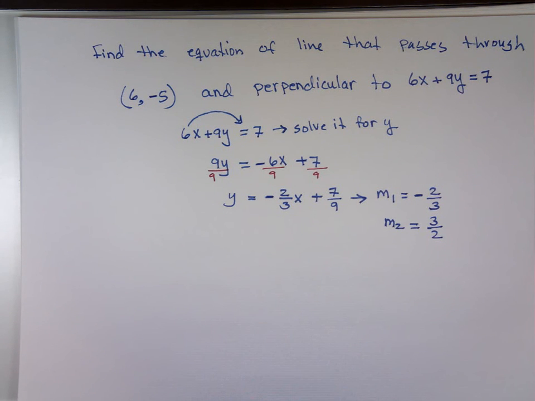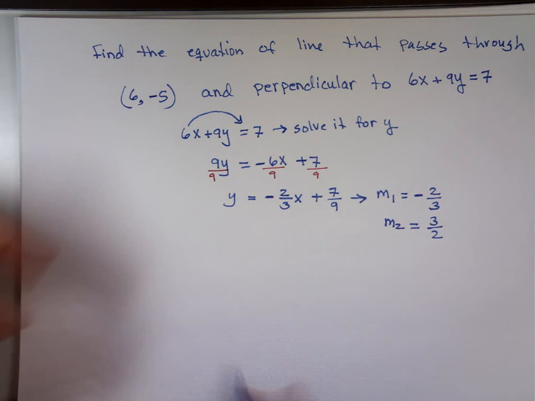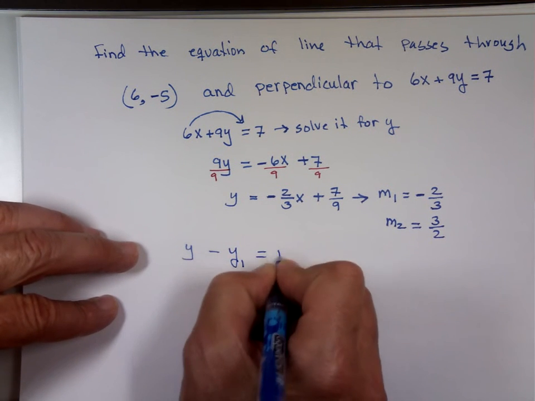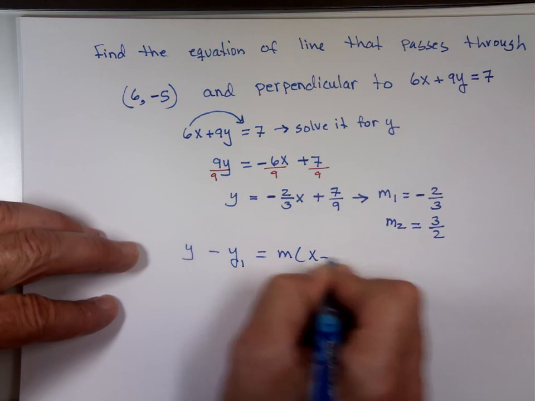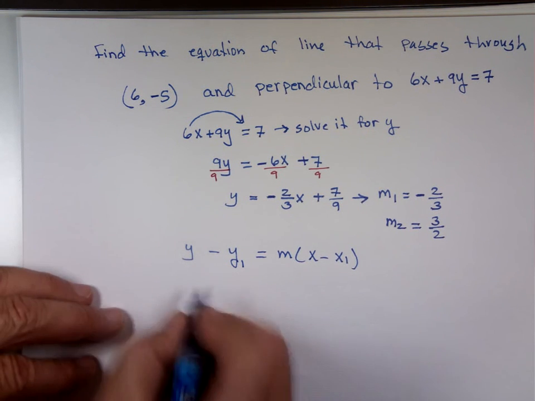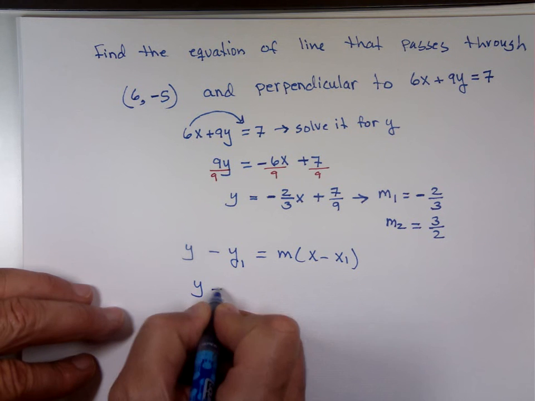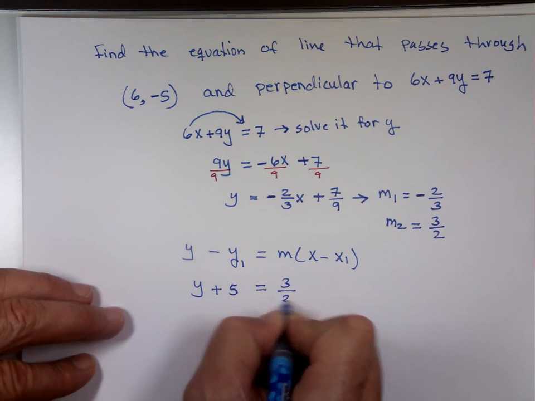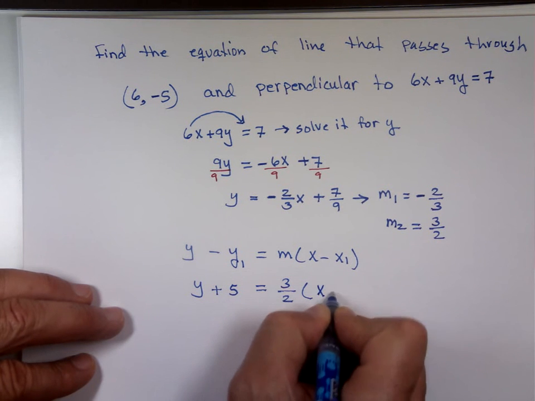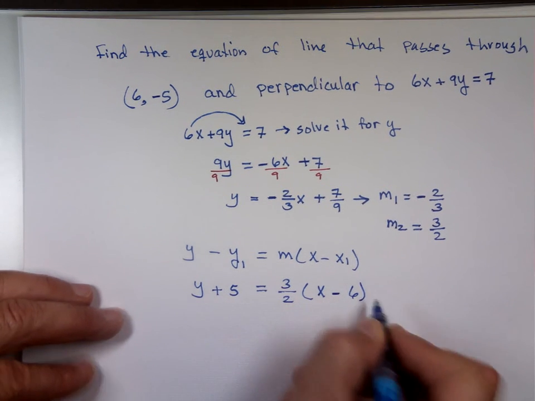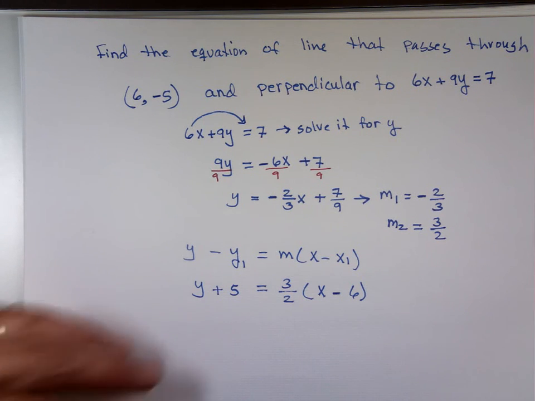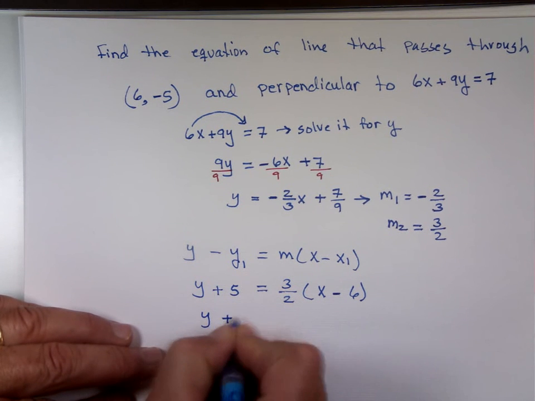So now, y minus y1 equals m times x minus x1. Y minus a minus 5 becomes a plus 5. Y plus 5, I'll put it in the slope-intercept form.